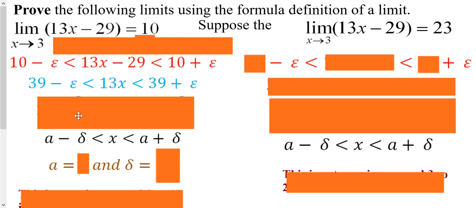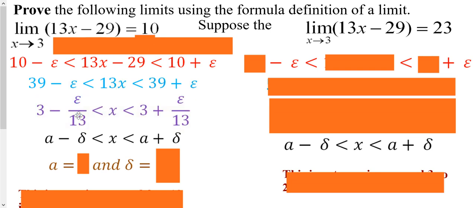Then I'd have to divide everything by 13. What we had back in the previous screen says that we should have been at our value minus something, and our value for that x was approaching plus something. Well, when we solved this, we ended up with 3 minus something and 3 plus something.